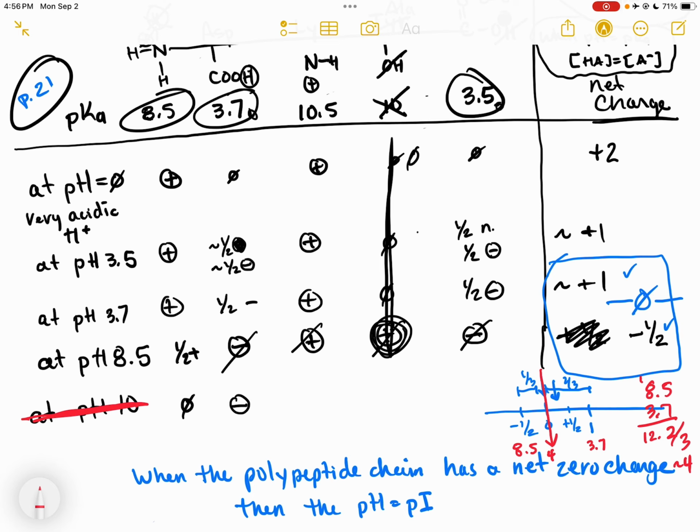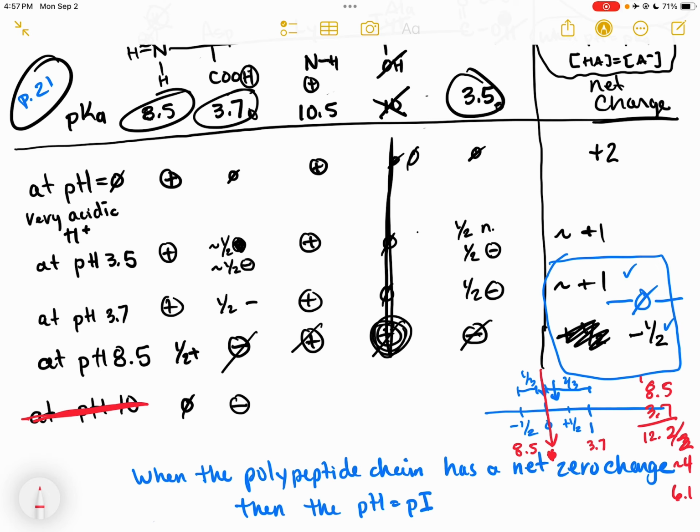Did I add right? If we divided by 2, we'd get about 6.1. No, I don't think we can do it that way. We have to guess.